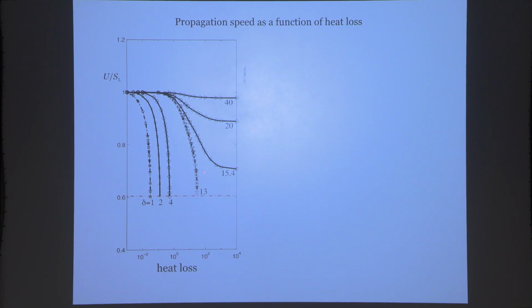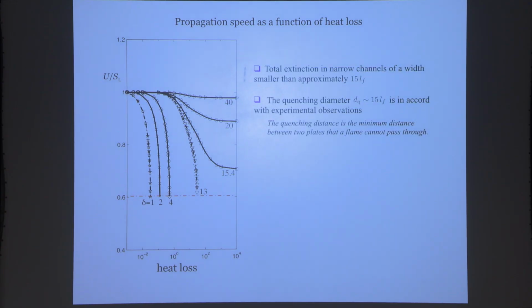But when the channel becomes wider, then the flame speed decreases, but it keeps on decreasing and there is no total extinction. In other words, there is a condition where you have total extinction in narrow channels, but only partial extinction otherwise, and the quenching distance associated with total extinction appears to be in the range of what is experimentally observed.